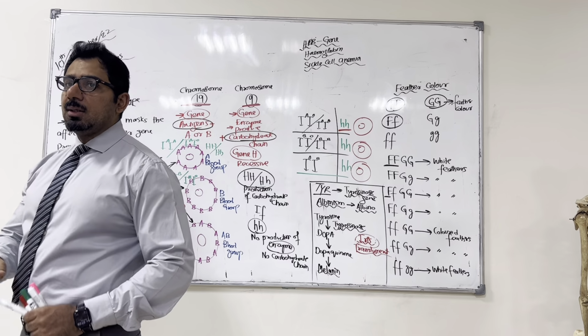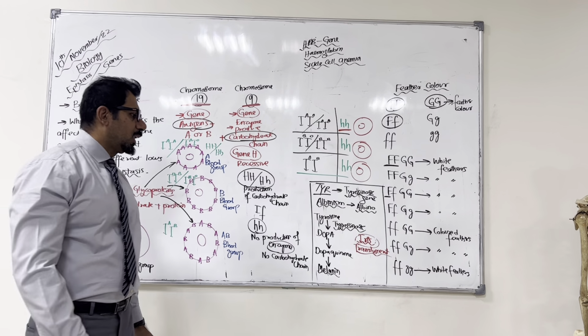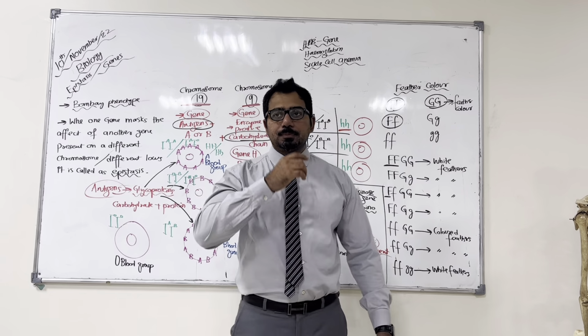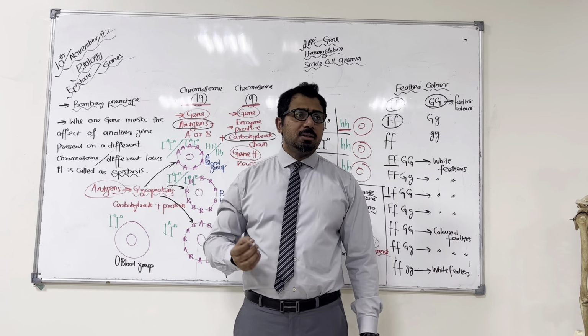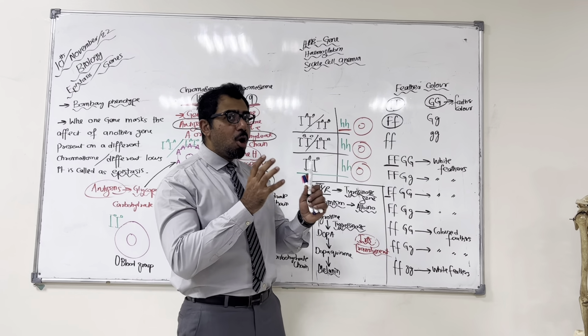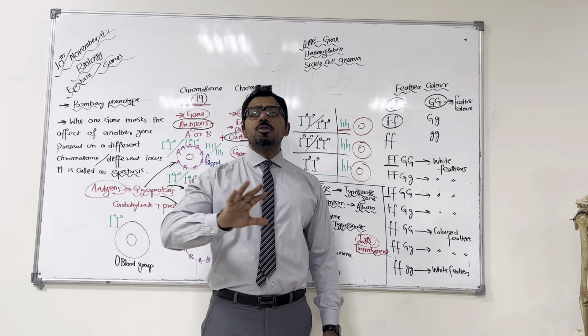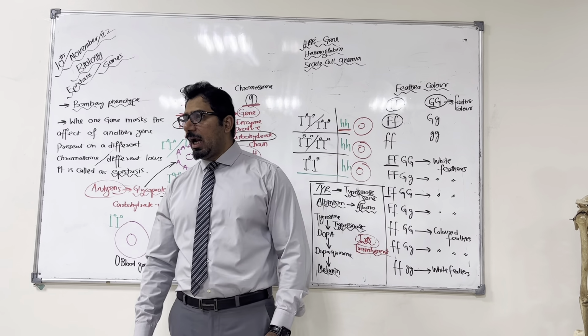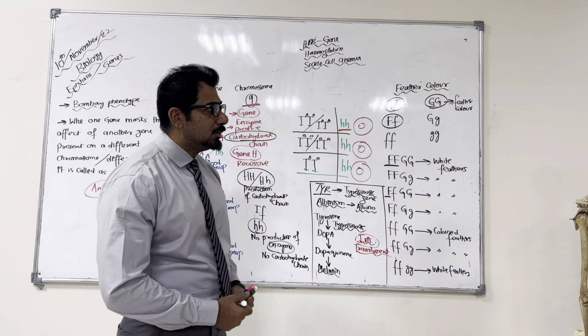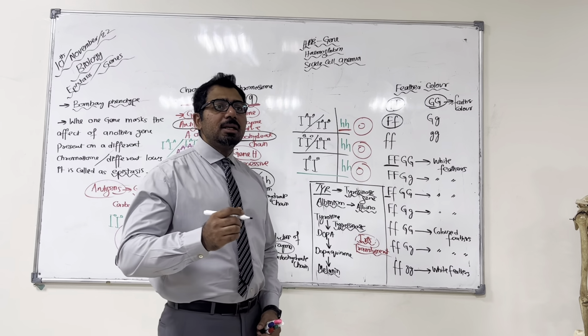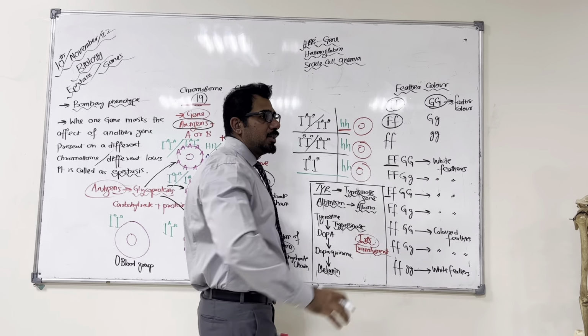Hemoglobin, sickle cell anemia. Now, please pay attention. We have learned that a normal hemoglobin gene produces normal hemoglobin, right? Now, who will tell me how many polypeptides are present in the hemoglobin?